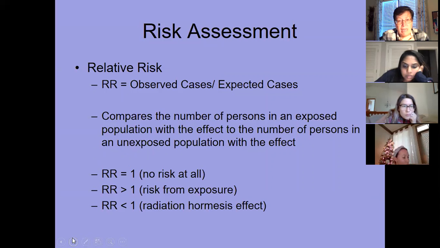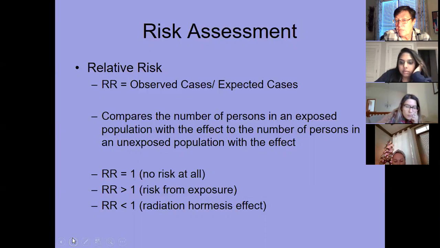So it's comparing how many people have the cancer with a number that you expect to have it from previous data. Now, if the relative risk is equal to 1, that means there was no risk at all. So if we expose a large population to radiation and the number of people with cancer were exactly what we expected, then that would mean that there was no risk from that radiation exposure.